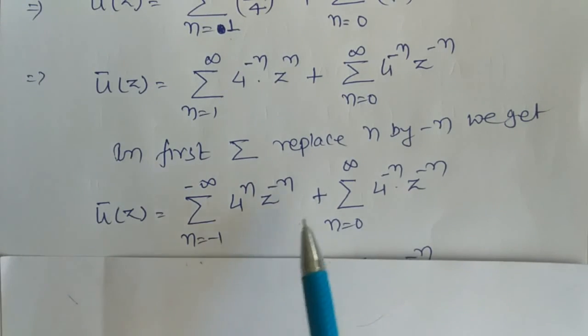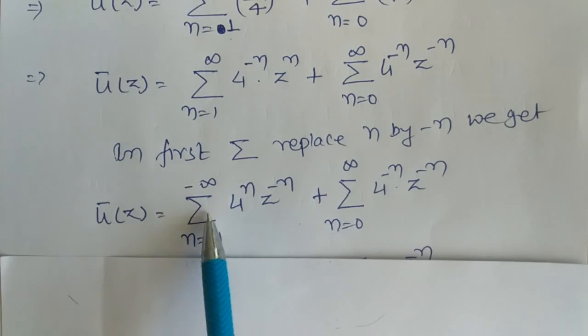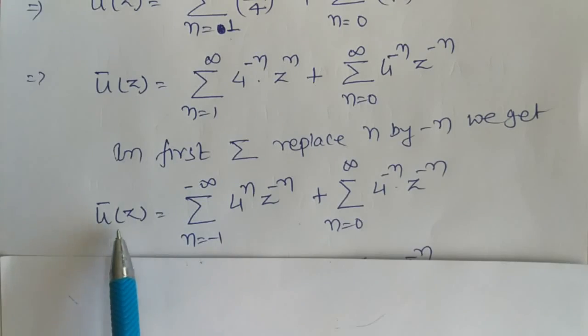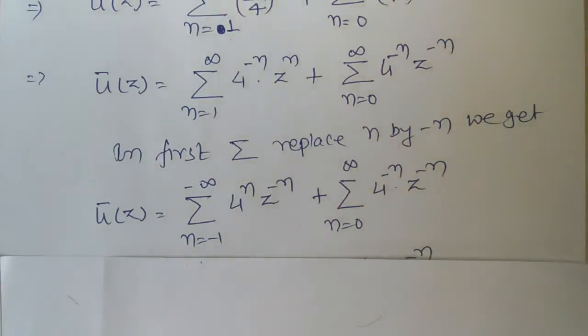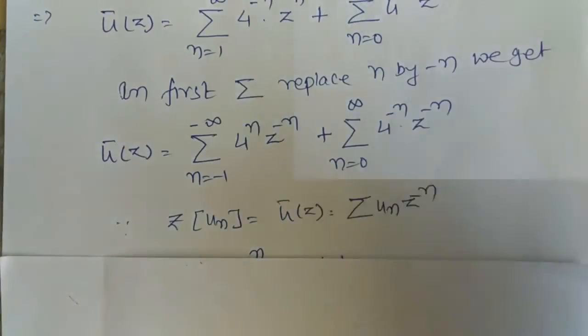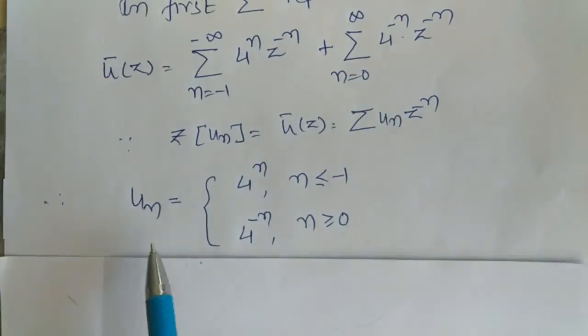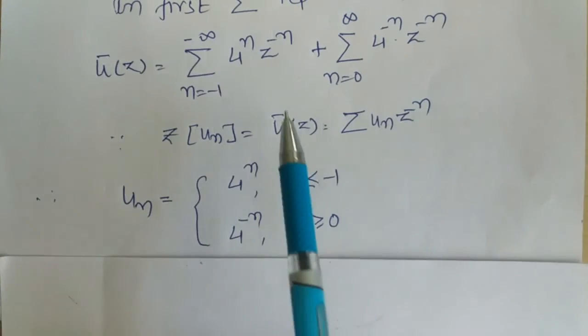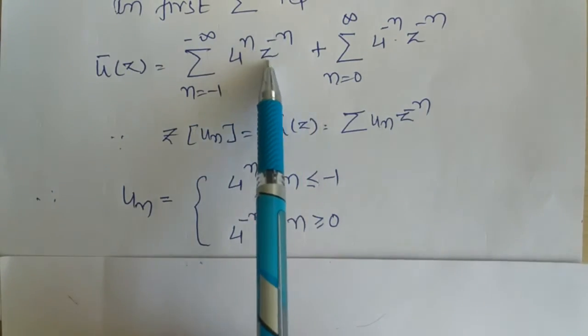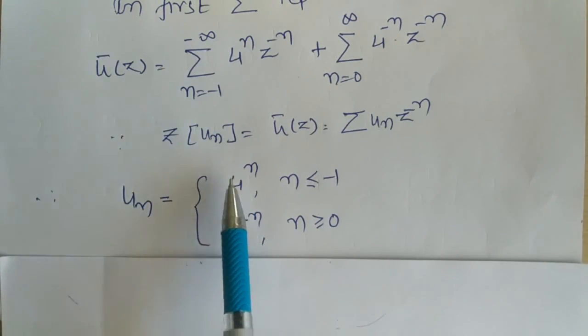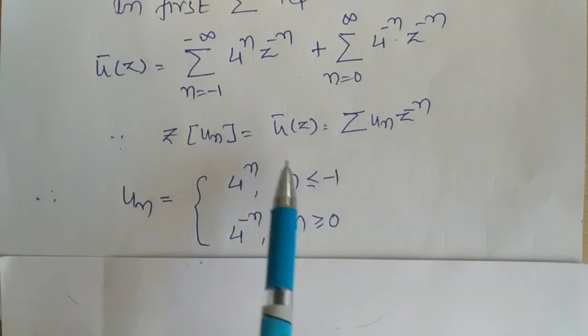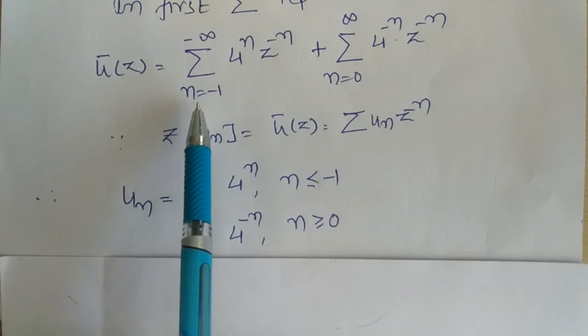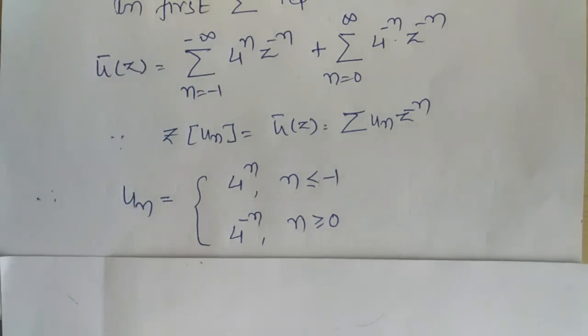Now we collect the coefficient of z power minus n, which is the required un, that is the inverse z transform of u bar z. So we have un is equal to 4 power n for n less than or equal to -1, because n is varying from -1 to minus infinite.